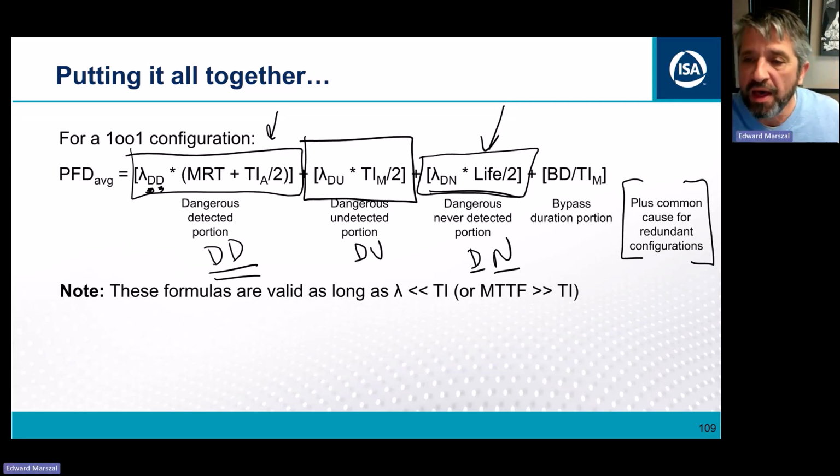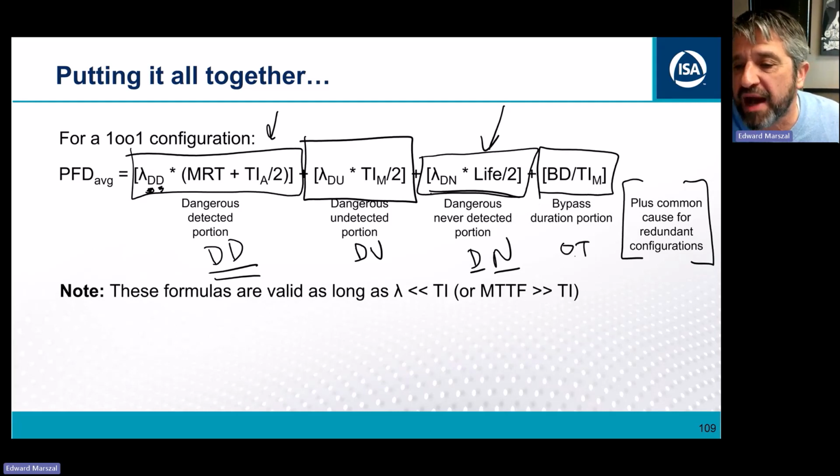The next term, which has many names, I'm going to call the online testing term. If you perform online testing, while you're doing your testing, you'll generally put your safety function in bypass. While the safety function is in bypass, it is unavailable to perform its safety instrumented function. As a result, that unavailability needs to be added to your overall probability of failure on demand.